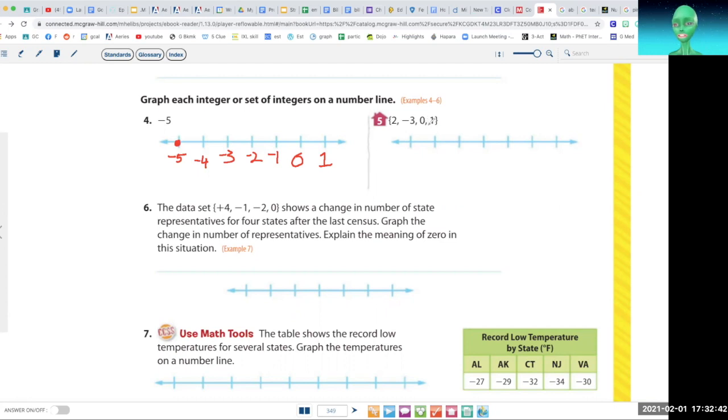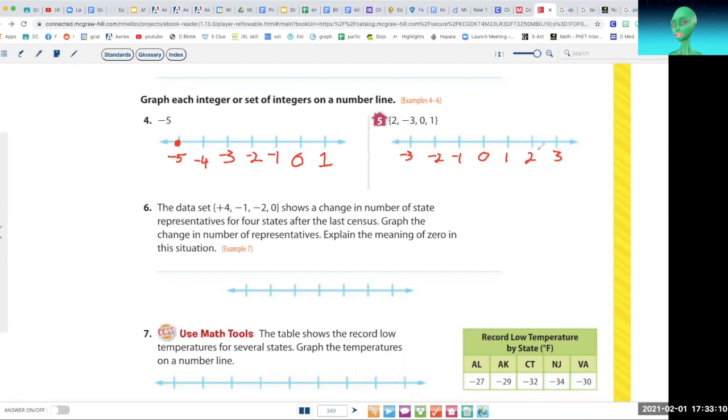Okay, let's try this one. Here we have 0, 1, 2, and -3. So for this one, it probably makes sense to put 0 somewhere in the middle. So I'm going to just put 0 here, and then I'm going to label it 1, 2, 3, and -1, -2, -3. If you have not done that, please do this in your book.